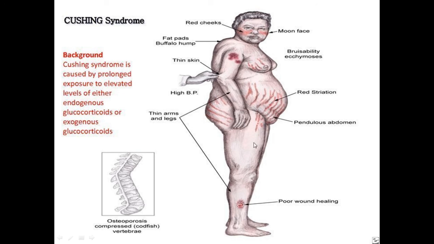The skin is so thin it can easily be bruised. There is a moon face with red flushy appearance. The patient may present with high blood pressure, and the legs and arms are thin as compared to the whole body.